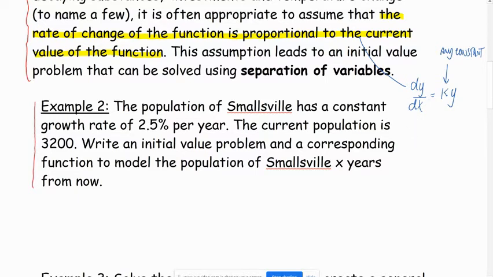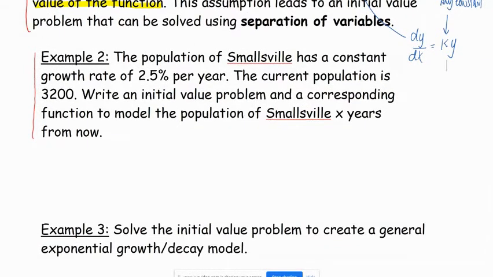Okay, so we have a population example here. So the population of Smallville has a constant growth rate of 2.5% per year. The current population is 3,200. So this is an initial value problem. So what this is telling us is that our growth rate of the population, so the rate of change of the population with respect to time, is 0.025 p.